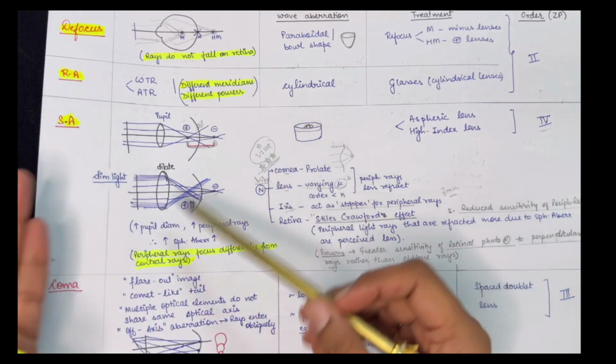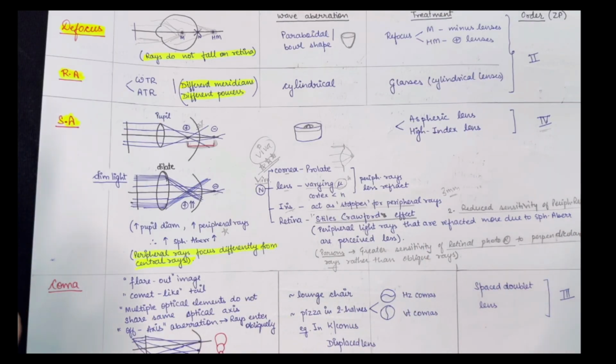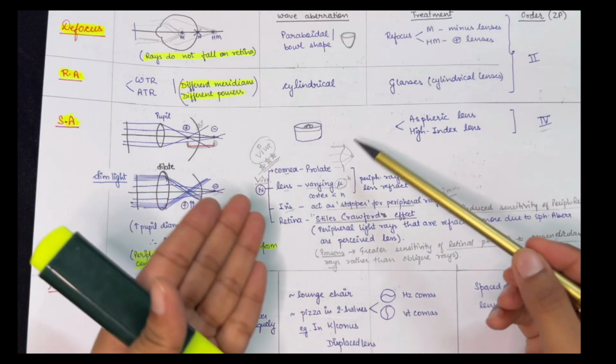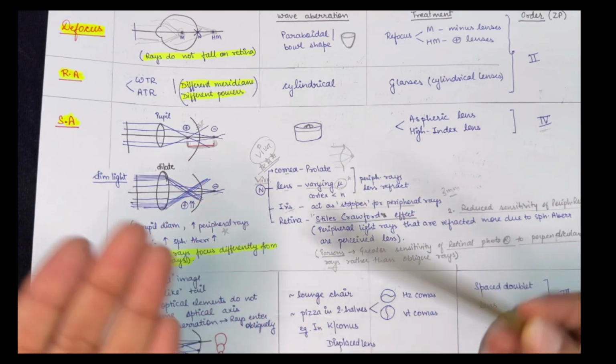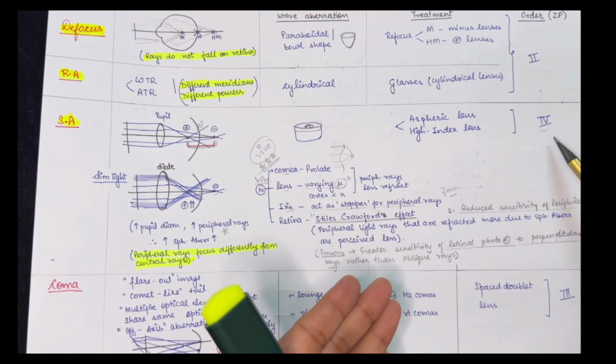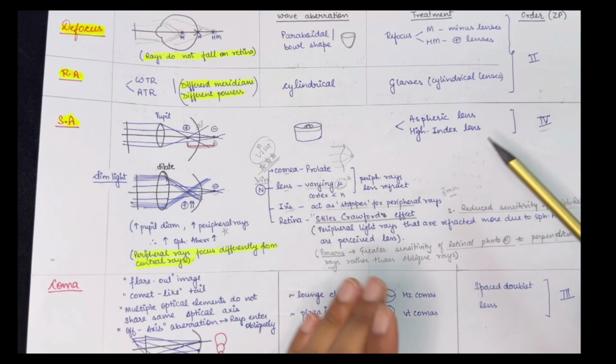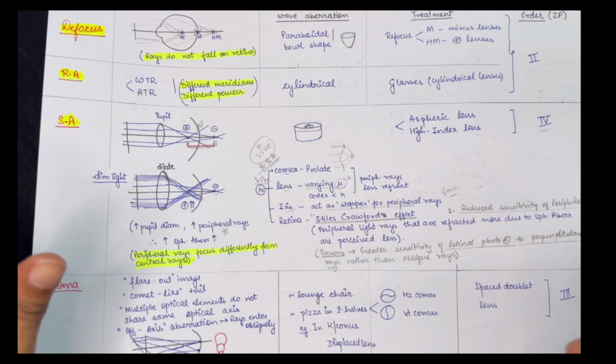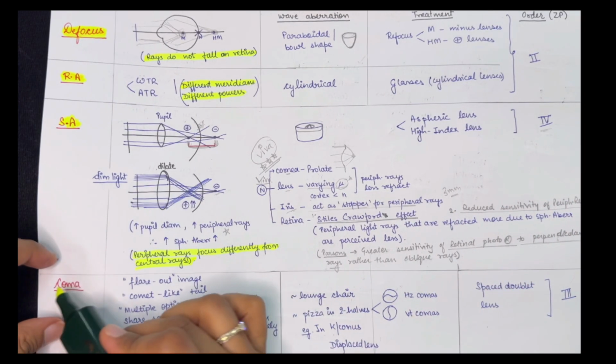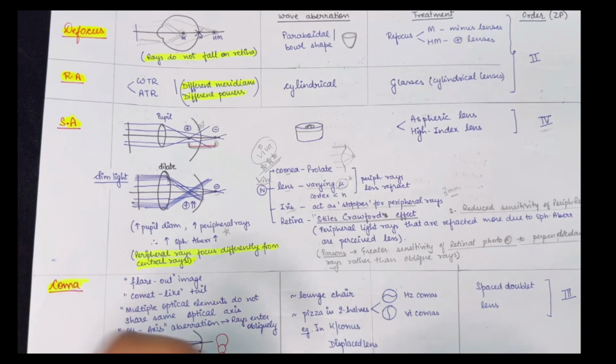Now you have to just expand on this part in your exams when it comes as short note. So you can make these diagrams, you can make the normal eye, you can explain the Zernike polynomial, you can explain the wave aberration, you can go for the treatment. Good. Okay. Next is coma. So what is coma?